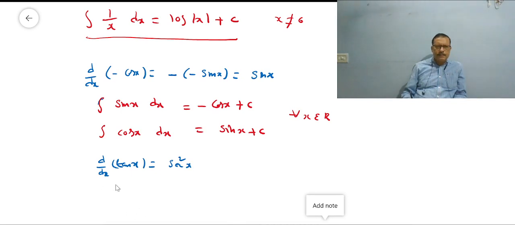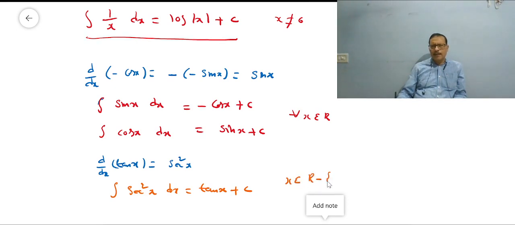So integrating secant square x, we get tan x plus constant. Here x belongs to R minus 2n plus 1 into pi by 2, where n is an integer.